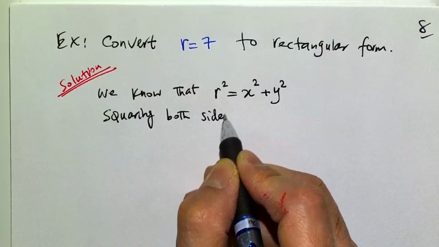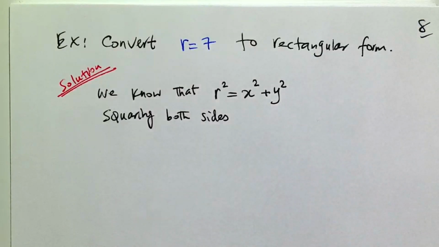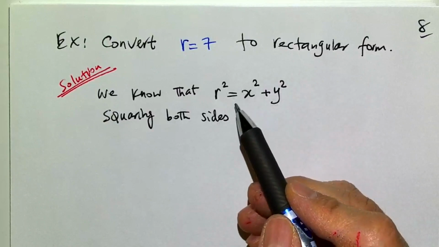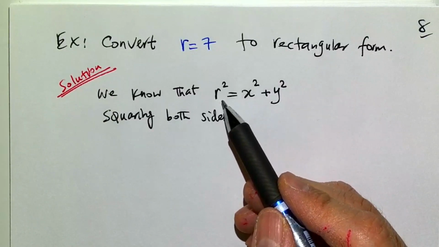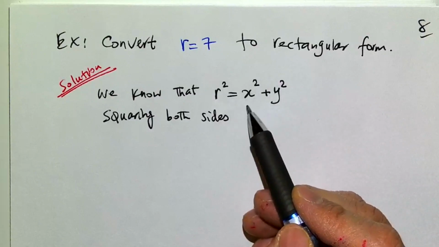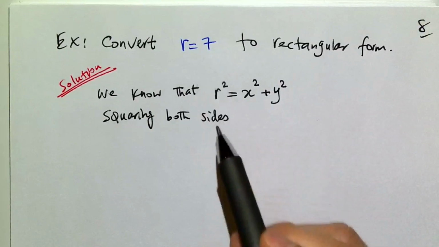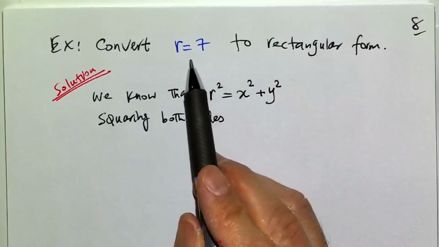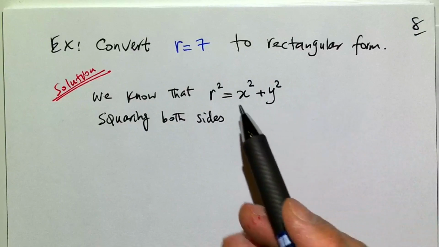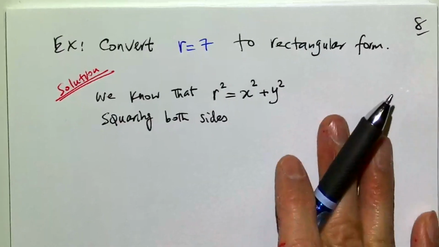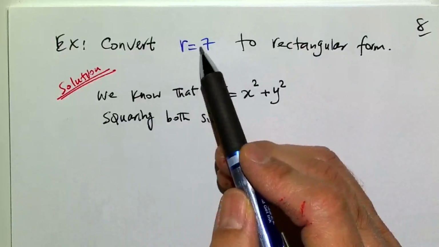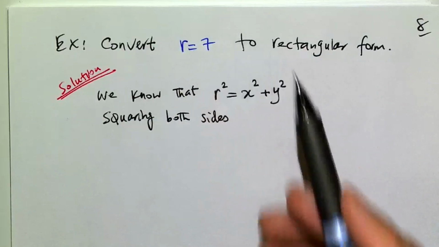Squaring both sides, if you don't do that, it's fine. I mean, if you take the square root, but normally we don't want to, if we can help it, deal with square roots of expressions like this. So rather than take the square root of both sides and end up with an expression like that, just go the opposite way. Just square both sides. You get an equivalent form.